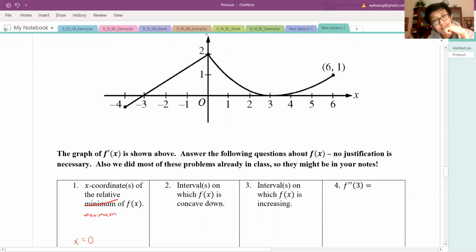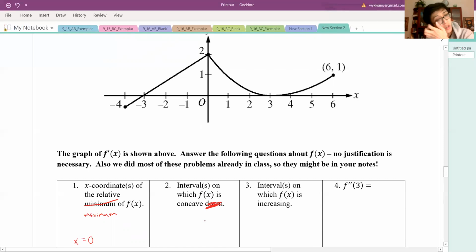Is there a concave? Wait, this is kind of a weird question. If you get to this question, I don't think there's a portion on this graph that is concave down, so I don't really remember how we did this in class.